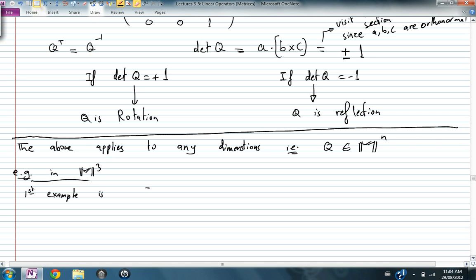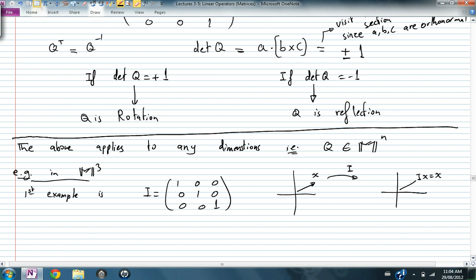is this matrix, the identity matrix, the I matrix. Now what does I do? Well, I takes any vector x, you apply I to it, then what do you get? You get Ix, which is the same x. Rotation with an angle equal to 0 degrees.